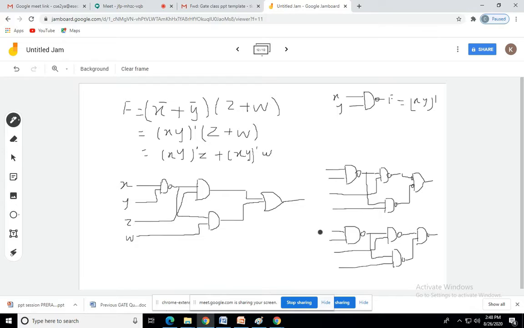We can represent it like this, and the variables are X, Y, Z and W.